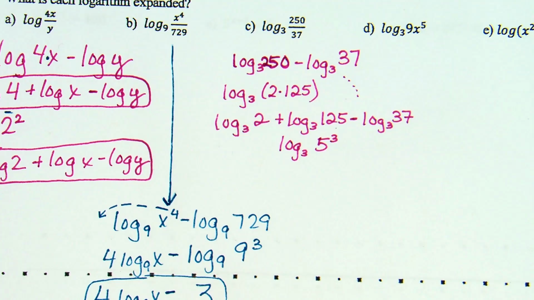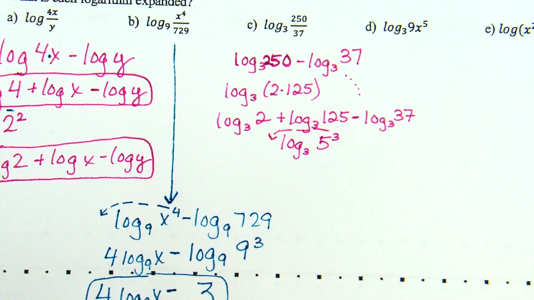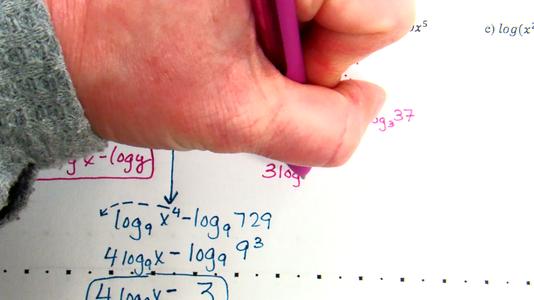And what about when we have a power? Okay. The power property says this 3 can be moved out front and written as a coefficient. So this could be 3 log base 3 of 5.